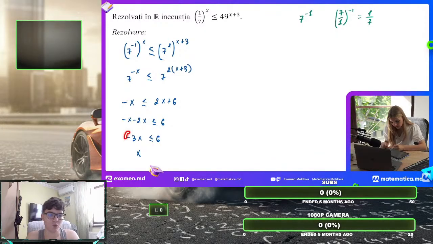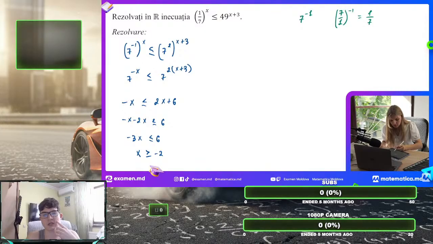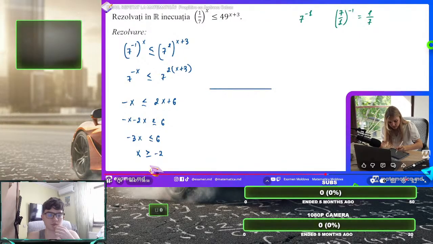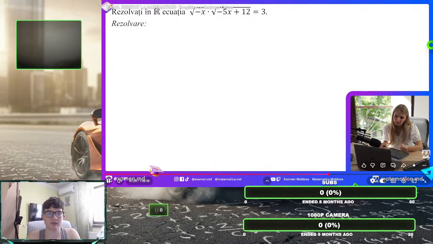And now we move a negative value over to the right, we have to change the sign. And it's going to be x bigger or equal to minus 2. Okay, we have that. And there's no DVA, so we're absolutely fine to just write it down as essentially solution from minus 2 till plus infinite, right? With non-usual parentheses, so this one is closed.